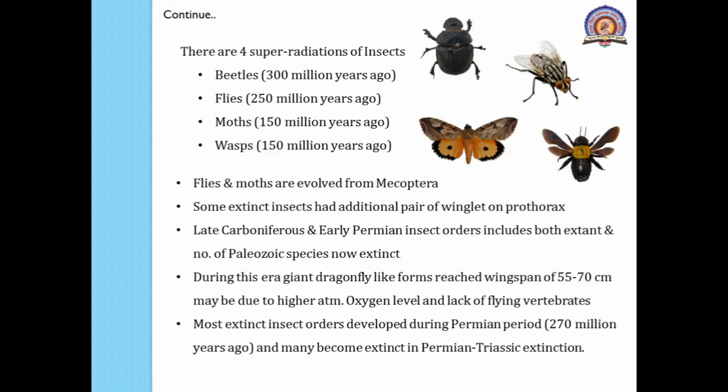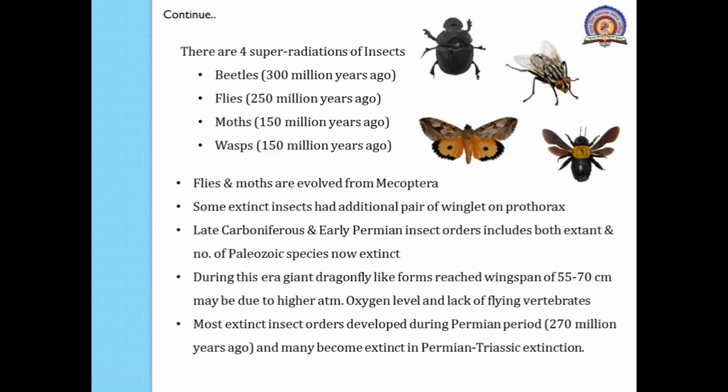The third and fourth super radiations happened near about together, concerned with the moths and the wasps, and both are known to have occurred before 150 million years ago.